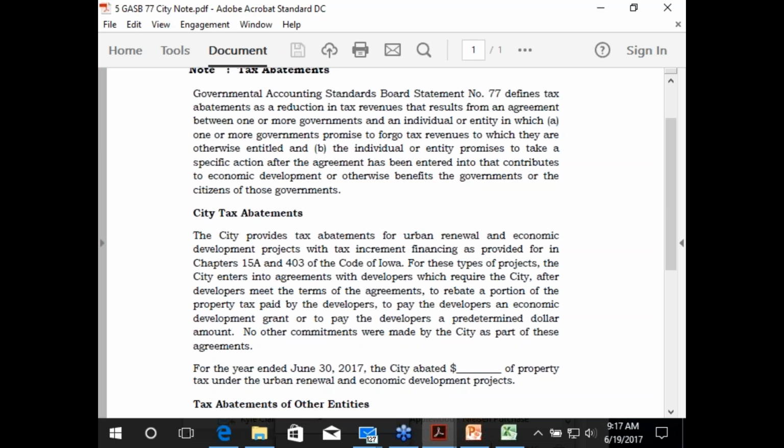It's just a disclosure. Part of the reason GASB felt this was necessary, looking at GASB Concept Statement No. 1, is that they realized there was a little bit of a hole in governments relating to the taxes abated piece.